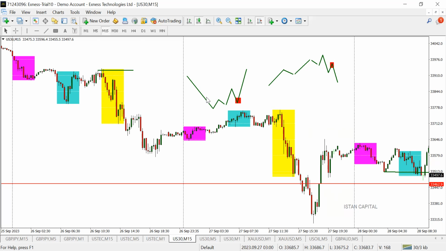Now, the second strategy that I use is called the buy low or sell high setup. Anywhere I see an M formation breaking structure at the high of the day or the high of the week, I enter on the retest.